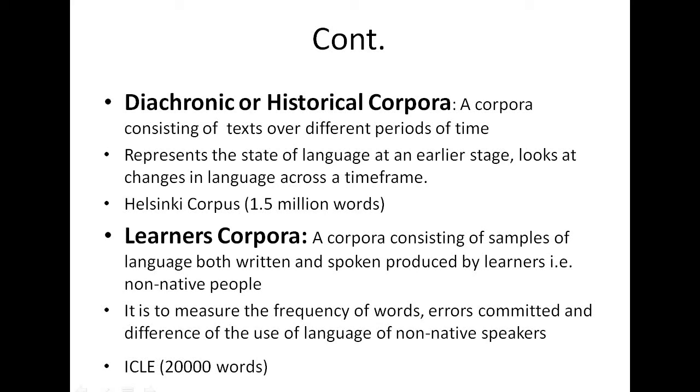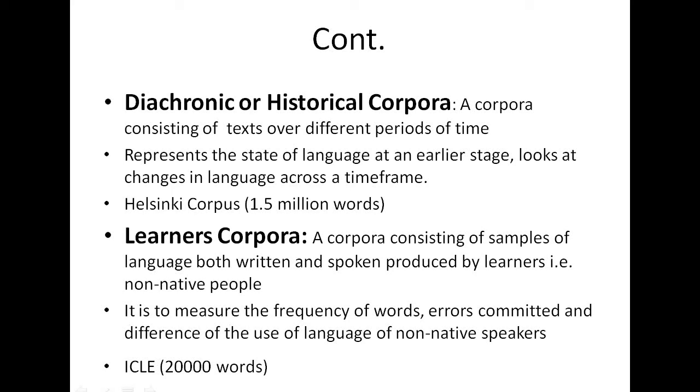So this corpora consists of the language examples written by non-native people for whom that particular language is not the first language. These are the learners of the second language, and they are non-native people because that particular language is not their first language.